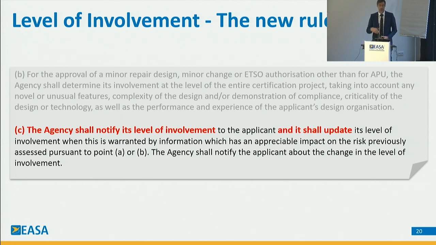If we change our involvement, if we want to see more, if we want to see less, we are also going to update that and also going to notify. So at any stage throughout the project, you know how much EASA will be involved in your certification projects. It's an obligation to us in Part 21 to let you know our involvement.